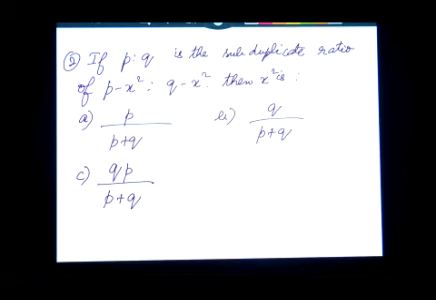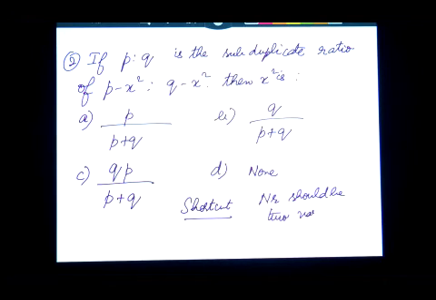First option we have P in the numerator, second option Q in the numerator, third option we have QP in the numerator. So most probably that will be our answer: QP by P plus Q. Numerator should be the two variables, denominator should be the sum of the two variables.